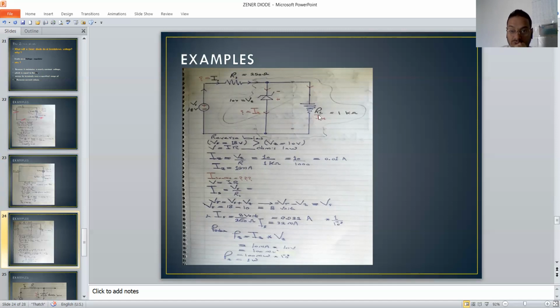The first one will be this, the circuit between the Zener voltage and the RL. And the next one will be from the Zener diode to the voltage source.